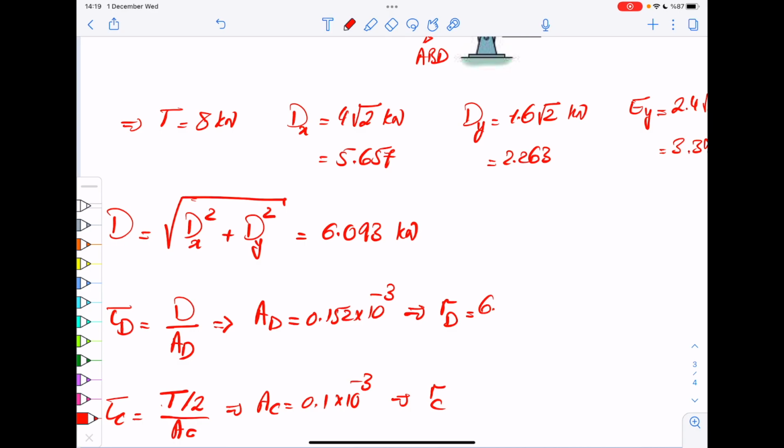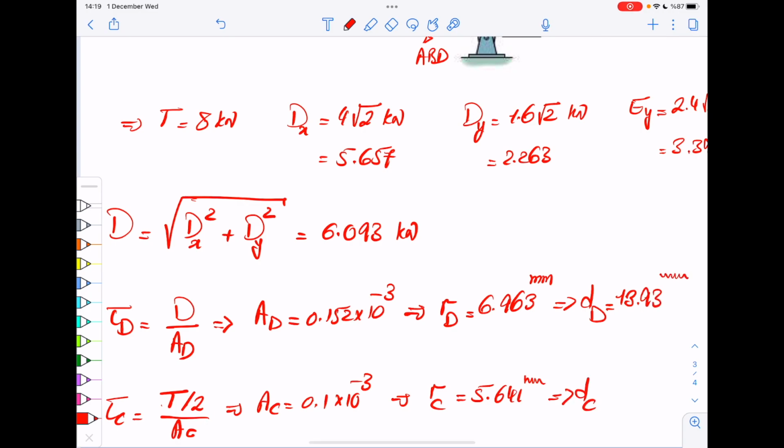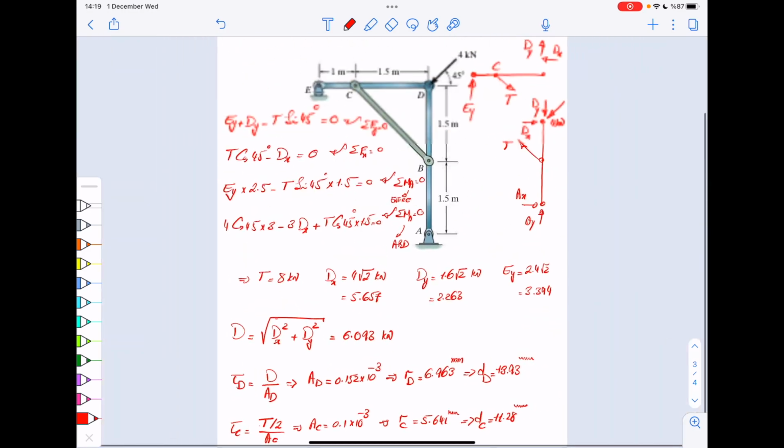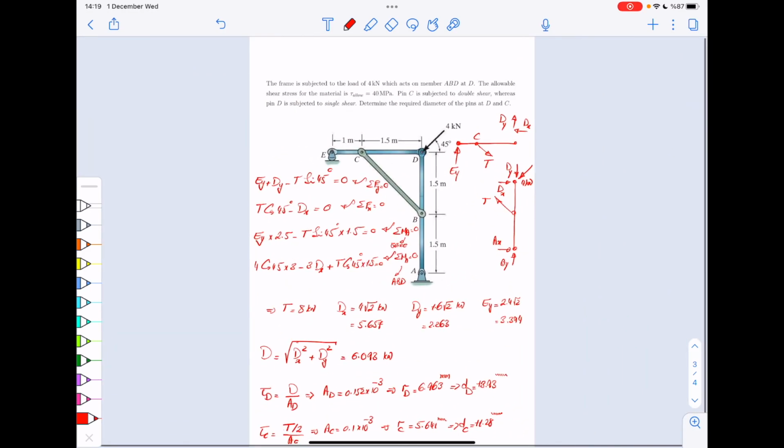So this would be 6.963 millimeters, and this would be 5.641 millimeters, and therefore this gives you the diameter of 13.93 millimeters, and this gives you the required diameter of 11.28 millimeters. All right, so this is the next question.